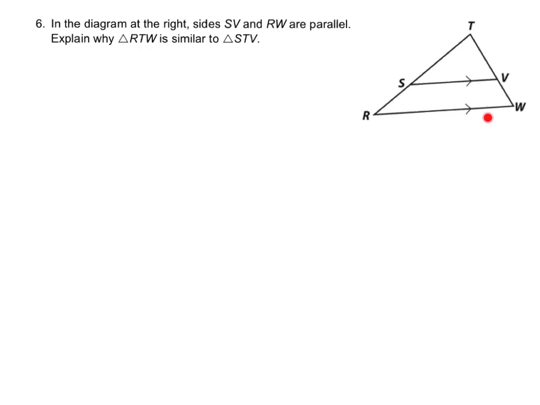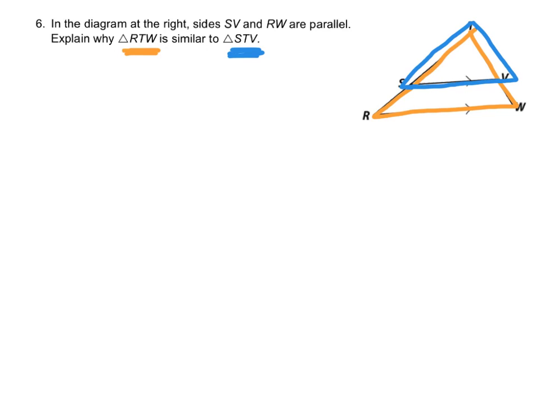So it says they're for sure parallel. And then it says, based on that information, if you look at triangle RTW, so I'm going to trace that, RTW, the big one, is it similar to STV? So I'm going to trace that one also.